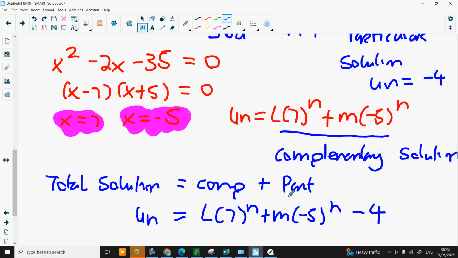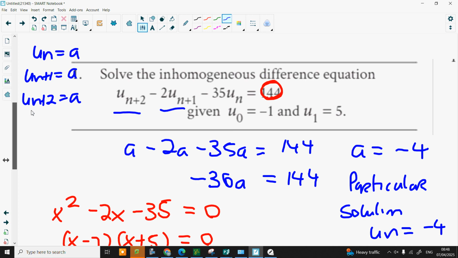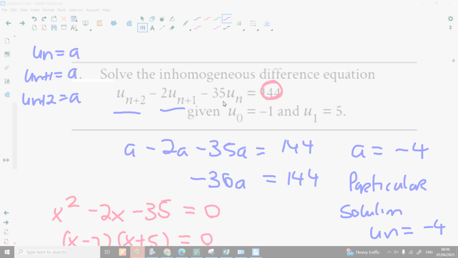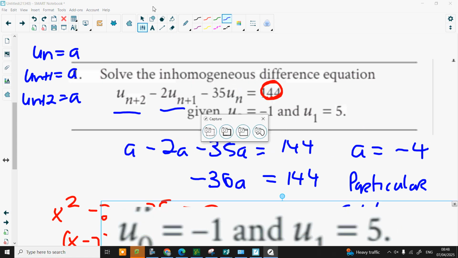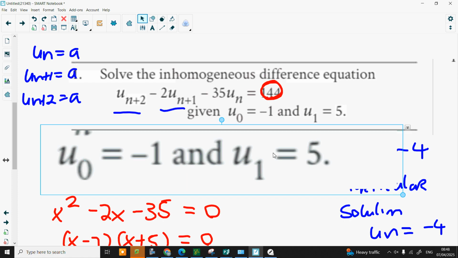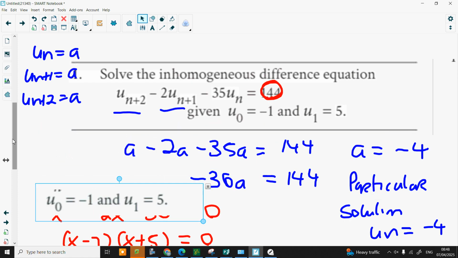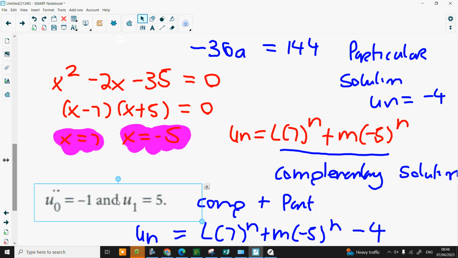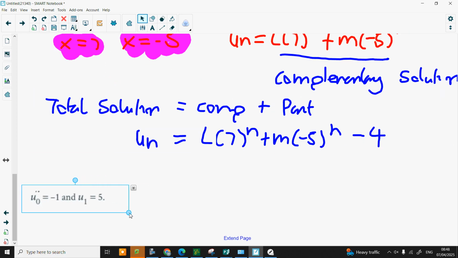Okay. Now it gives us two pieces of information at the start. Ready for two pieces of information? Okay. So the two pieces of information are U0 and U1. I'm going to grab the two of them and bring them with me now. I'm going to start off with U0.